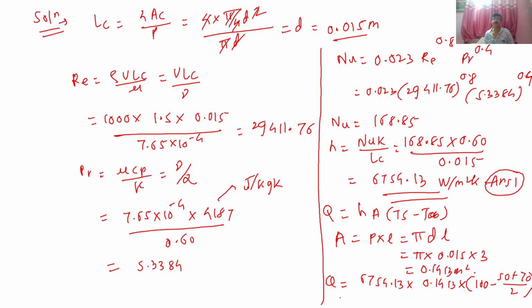Okay. And if you solve this, it's straightforward. Take an average, substitute it and calculate. The value of Q comes around 38193.70 watt. Okay. So this is the end of this problem.